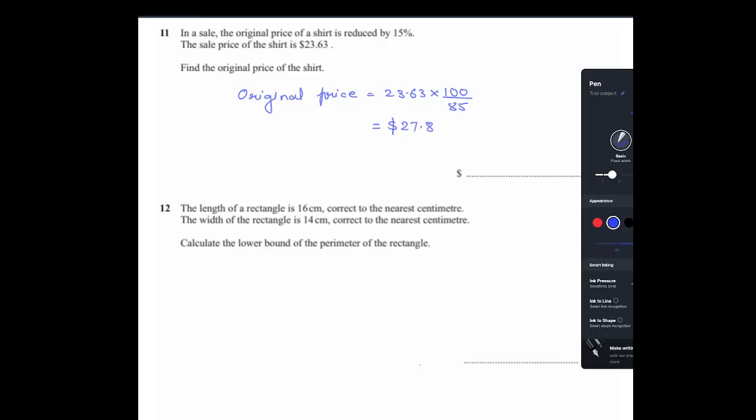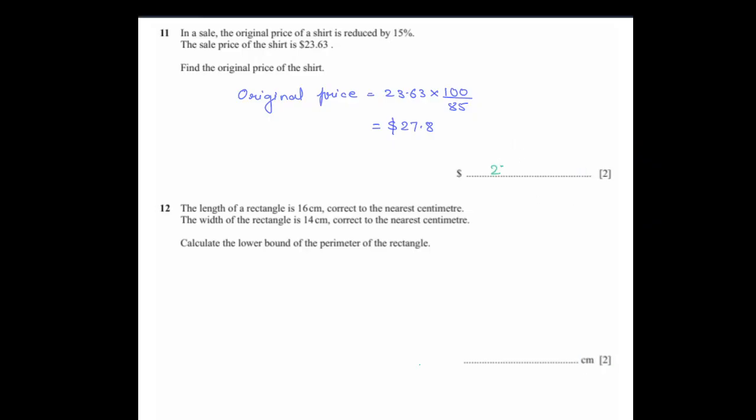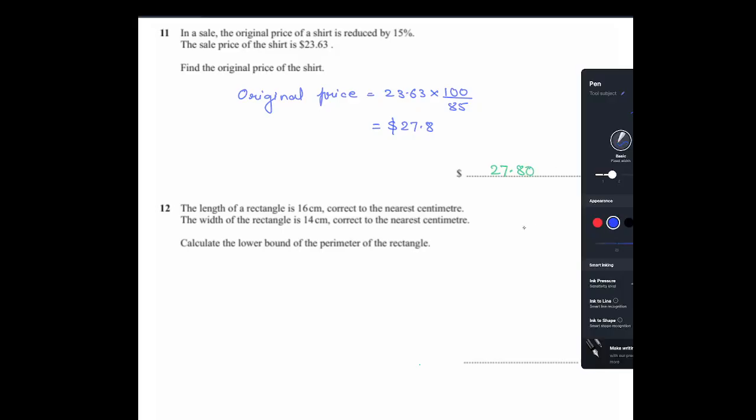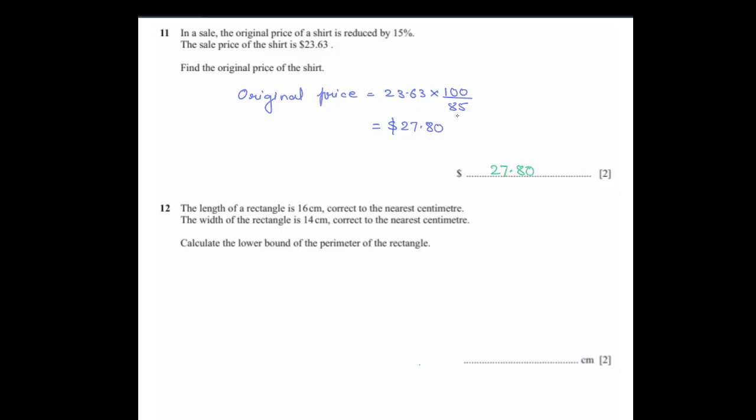This is the original price of the shirt. 27.80. Whenever dollar comes, you should always write 2 decimal places, because we cannot write just 8.